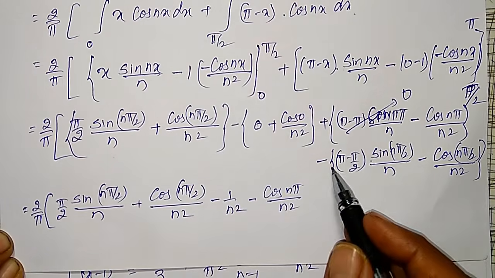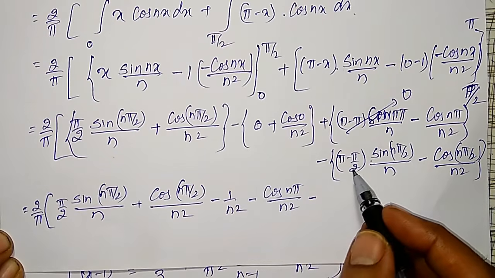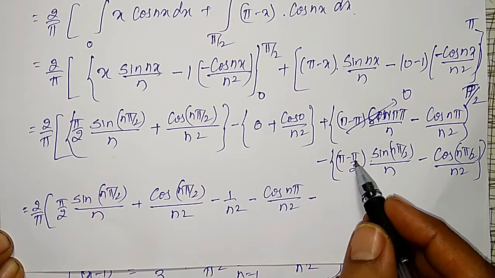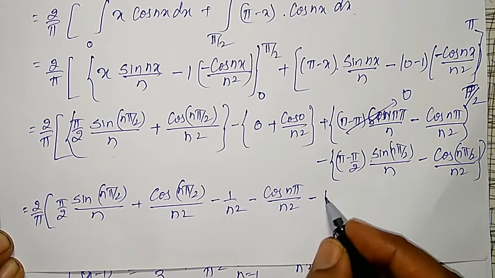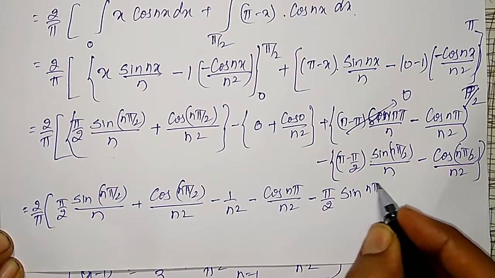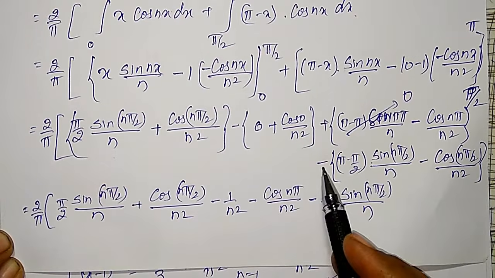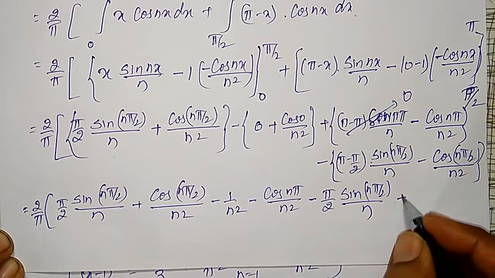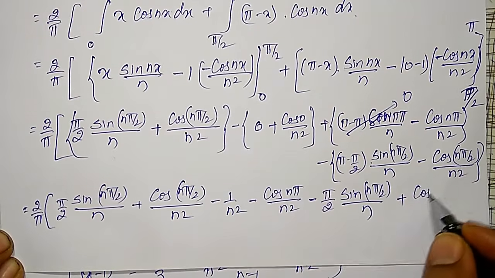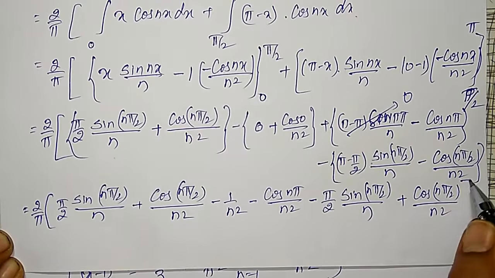And here the next term, minus, LCM is 2 minus 1 will become pi by 2. This is minus pi by 2 into sin n pi by 2 divided by n, and here minus plus cos of n pi by 2 divided by n square.